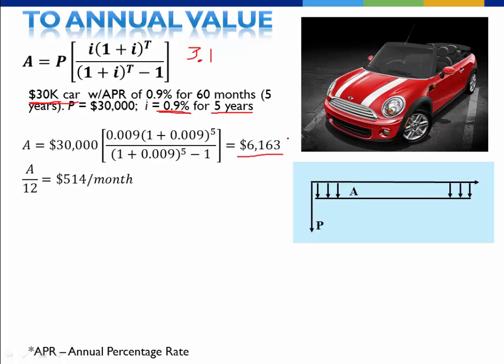So that is actually a nice bargain. In your exercise, you're going to be doing something like this, and if you divide this amount over 12 months, you're going to see that the cost of a Mini Cooper, with these specific numbers, is about $514 a month, which is actually not that expensive. What you're going to see is that when you go to a dealership, for every $1,000 that you are borrowing, they will add an extra cost.